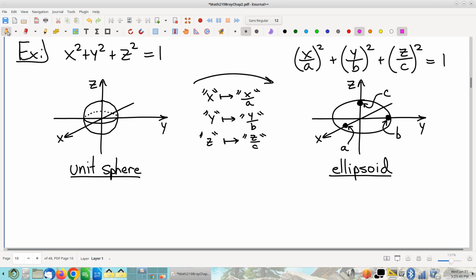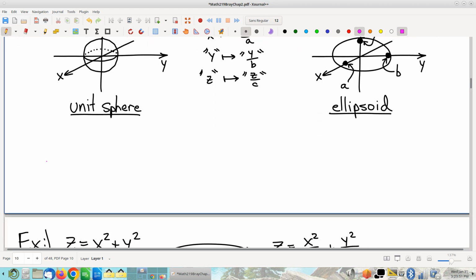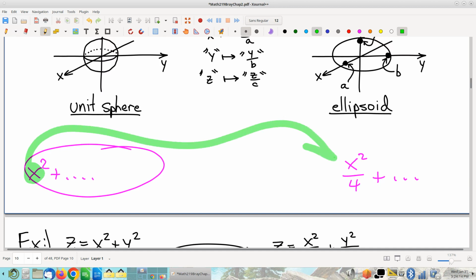Now there's one little algebraic landmine I want to point out for y'all. In general, let's suppose you find yourself looking at an equation that says x squared plus blah, blah, blah, that you sort of know, and on the right, your new equation is, let's say, x squared over 4, and then again, blah, blah, blah, whatever. It's a mistake to think that this results from replacing every x with x over 4.